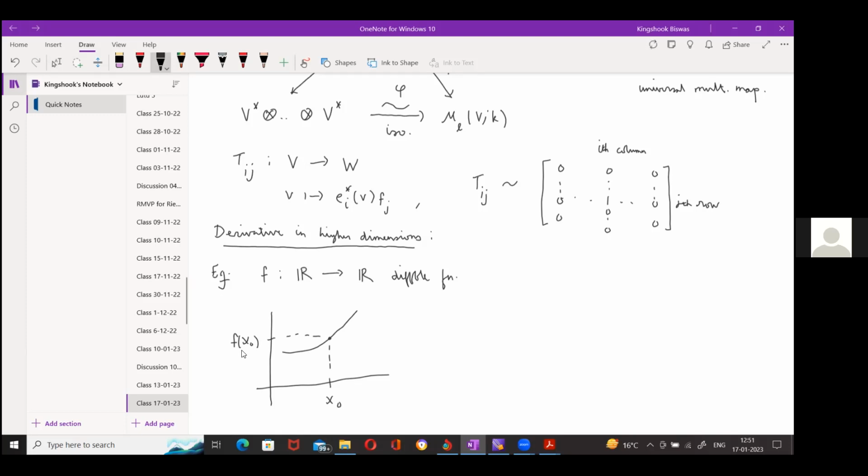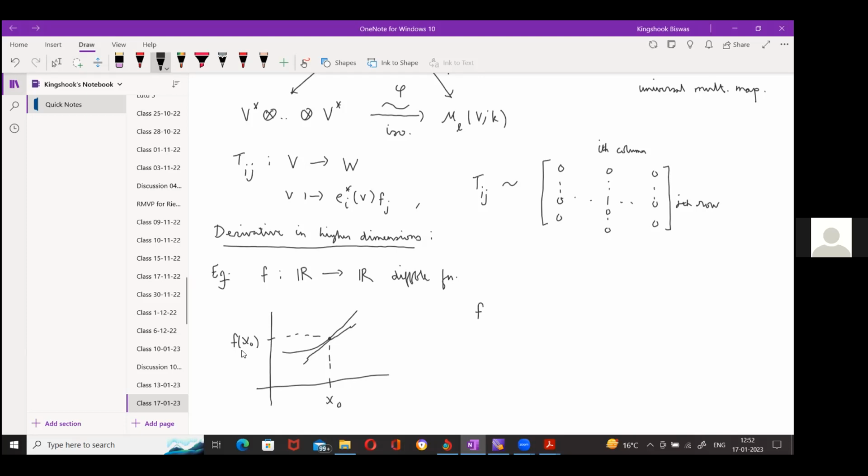for a differentiable function, the graph at each point is well approximated by the tangent line to the graph, right? Which has slope equal to f prime x naught. And in terms of the function, what does it mean about the function?